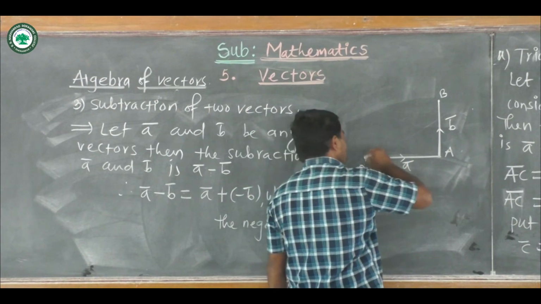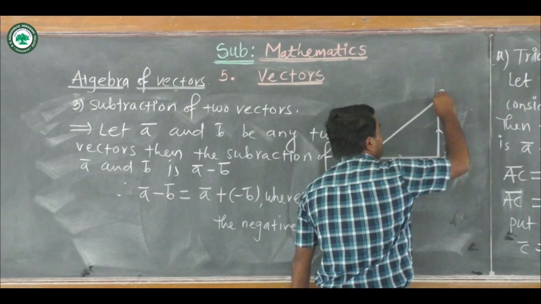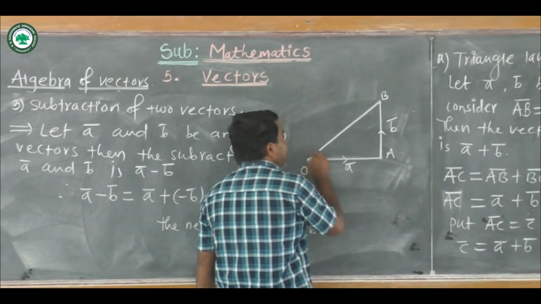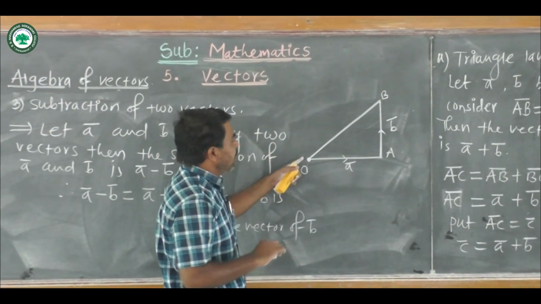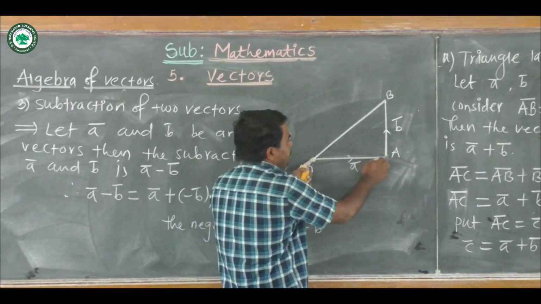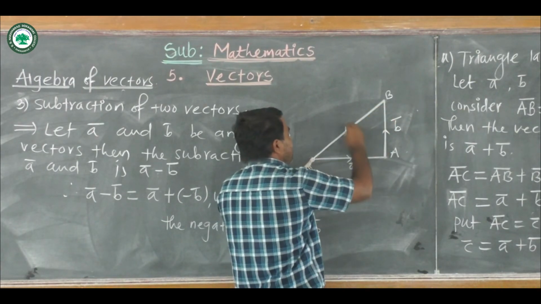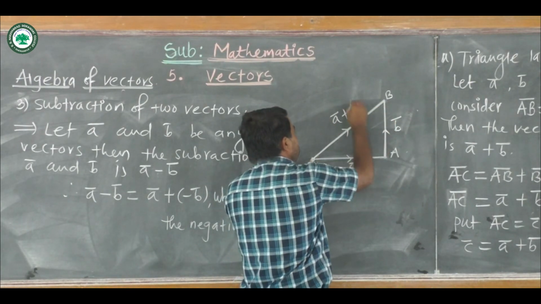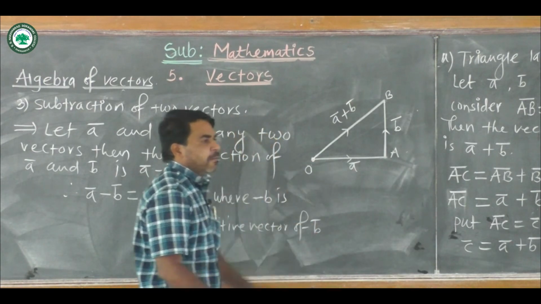If we join OB and use the triangle law, we get OA bar plus AB bar is OB bar, and that is the addition of two vectors A bar and B bar.